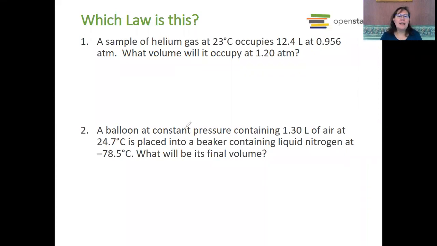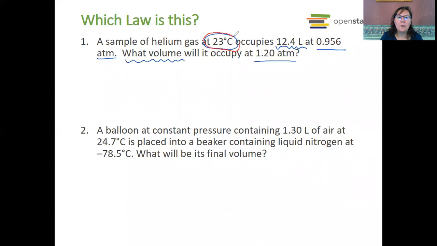All right, first it says a sample of helium gas at 23 degrees Celsius occupies 12.4 liters at 0.956 atmospheres. What volume will it occupy at 1.2 atmospheres? Okay, so this usually works a little better if I change color.